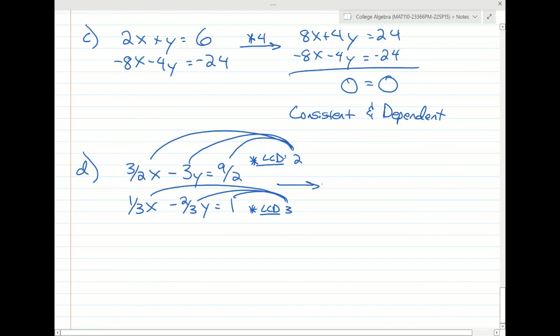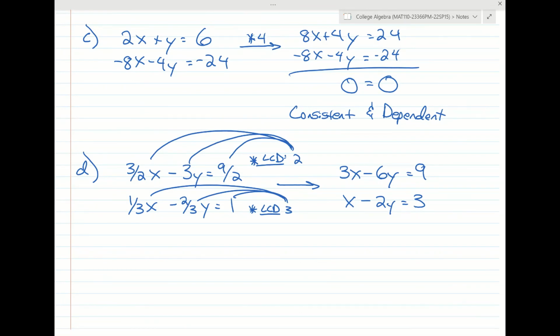So for that first equation, multiplying by 2 would just be 3x minus 6y is equal to 9. That second equation would be x minus 2y is equal to 3. And this looks like a problem we've been working on. So it goes from being a little annoying looking to being so simple in one step.